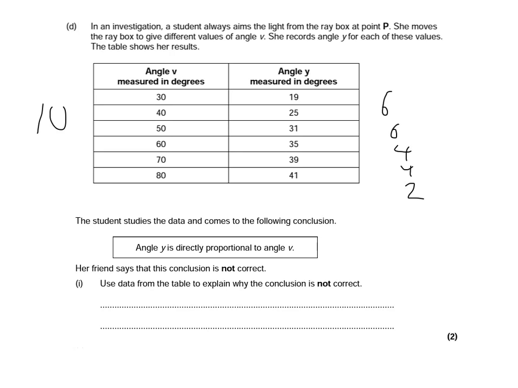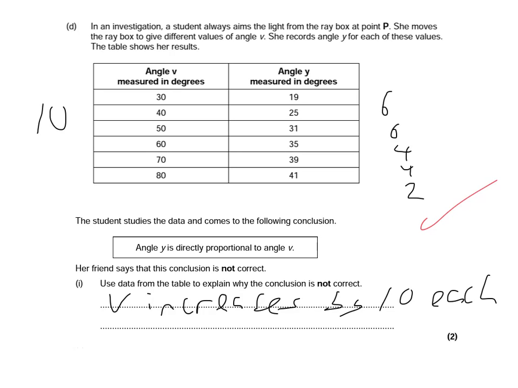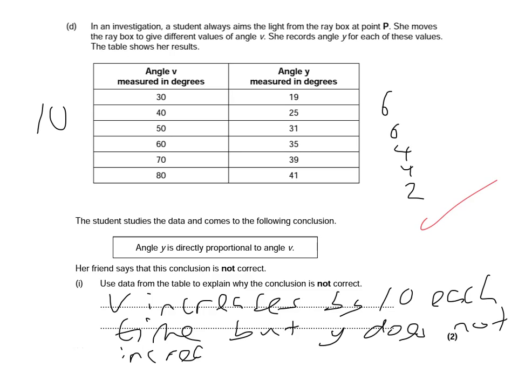So in terms of this question already, we've got a mark by doing something like that in terms of the calculation. That will get you 1 mark. We're getting that idea across. The next mark really is for explaining that. So the idea that V increases by 10 each time, but Y does not increase by the same each time.